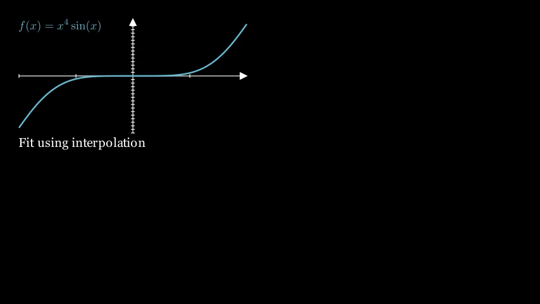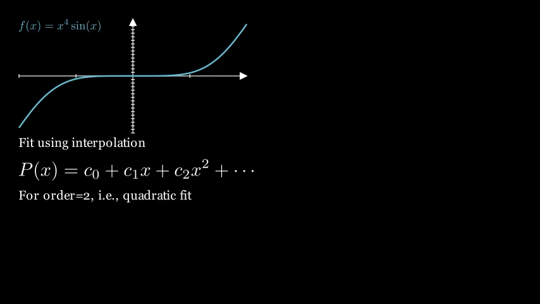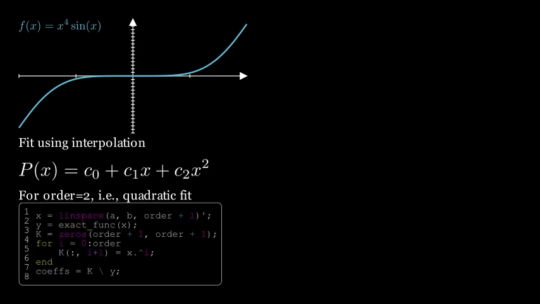So we want to do a fit using interpolation. We have this polynomial function p of x, which is c0 plus c1x plus c2x squared, and it goes on till infinity. For, let's say, order 2, if we want to fit a quadratic fit, then it reduces to c0 plus c1x plus c2x squared.